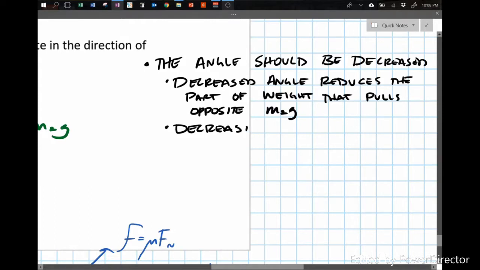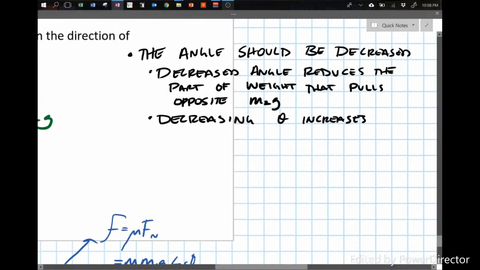Oops, sorry, I got ahead of myself. Decreasing theta increases the normal force because it increases the part of weight that's pulling into the plane. And it increases friction.